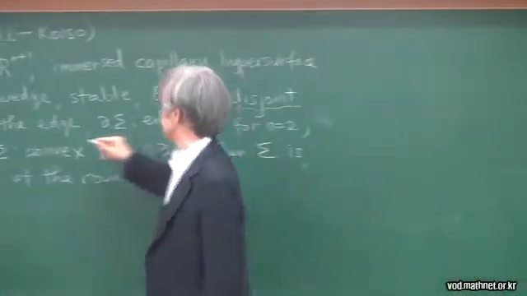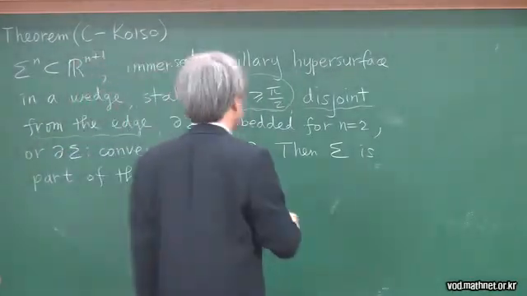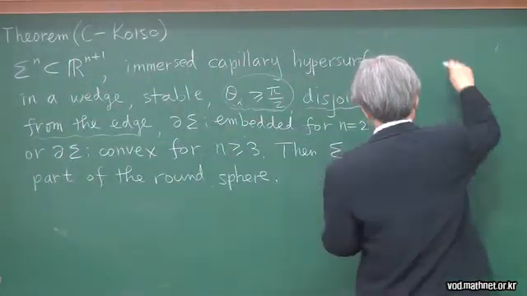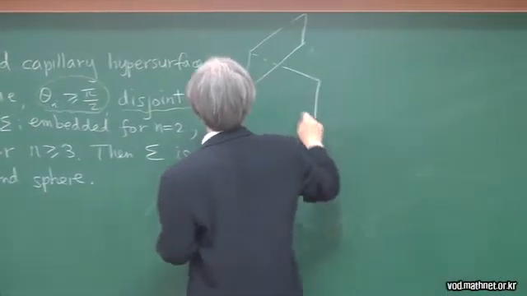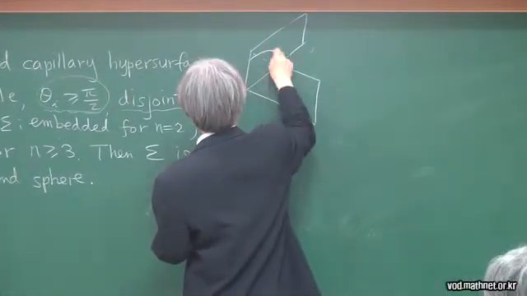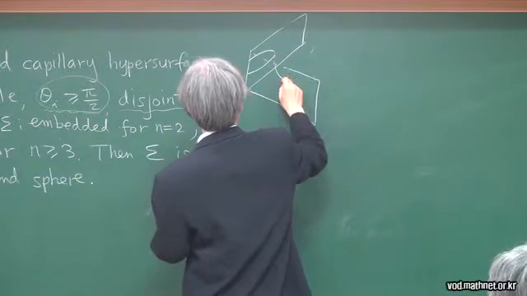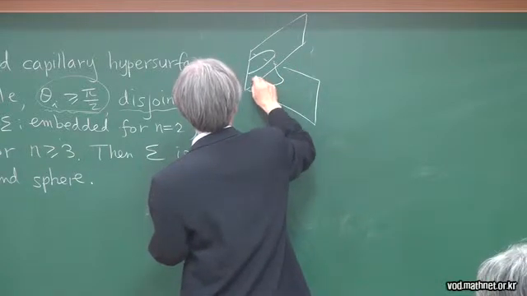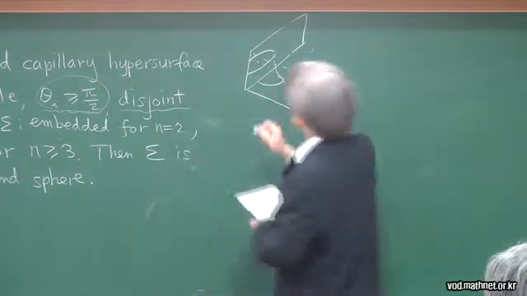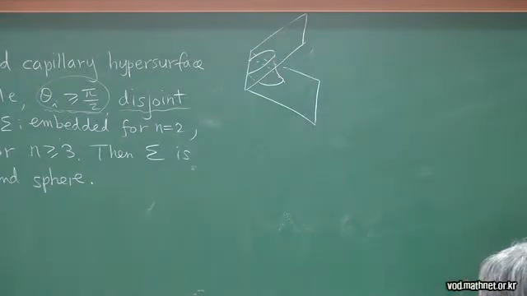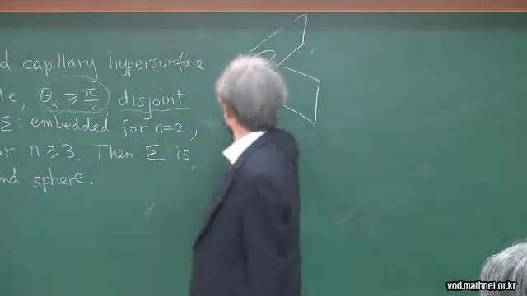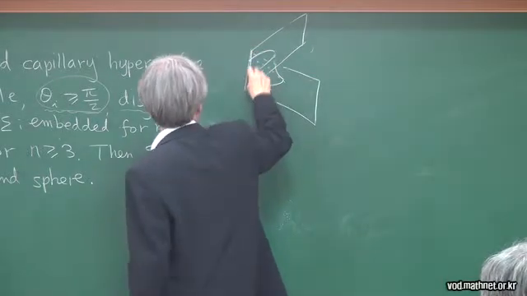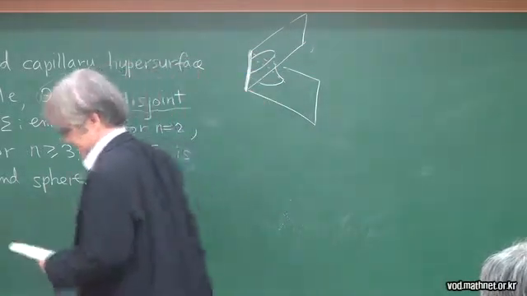And as for this second hypothesis, disjoint from the edge of the wedge, there is a counterexample. This surface is stable, but it's not round, and it touches this edge.